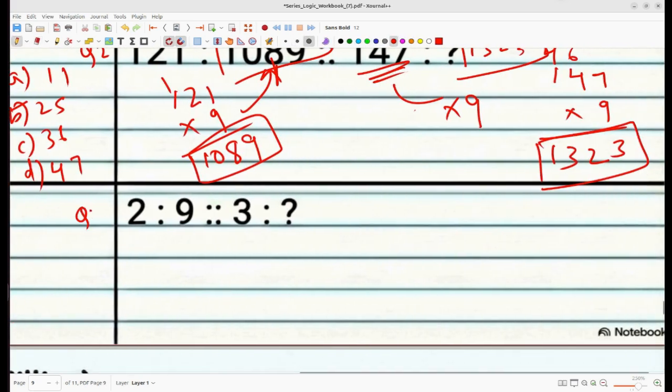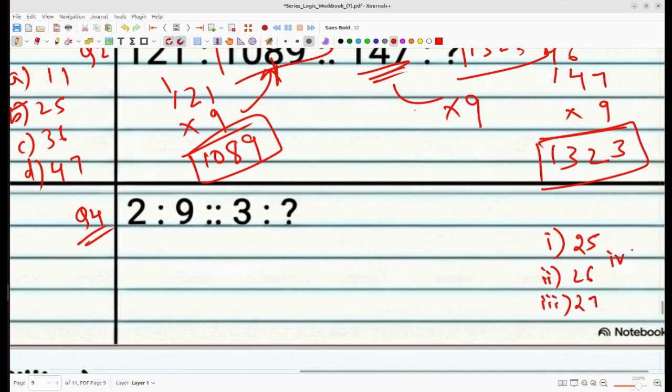Let's move on to the question number 4. Here we have options like, suppose option 1 we have 25, option 2 we have 26, option 3 we have 27, option 4 we have 28. Let's identify the answer. Like this, if they give, we need to identify the answer. How? Here 2 we have and 9 we have.